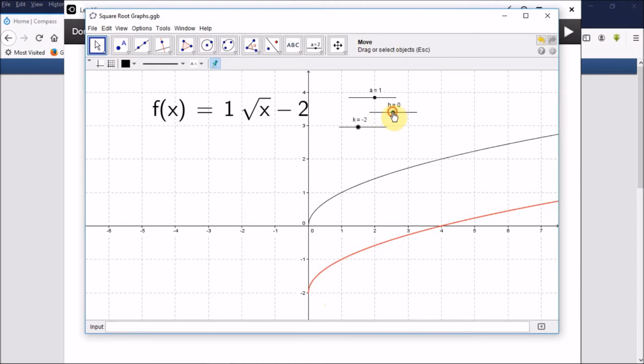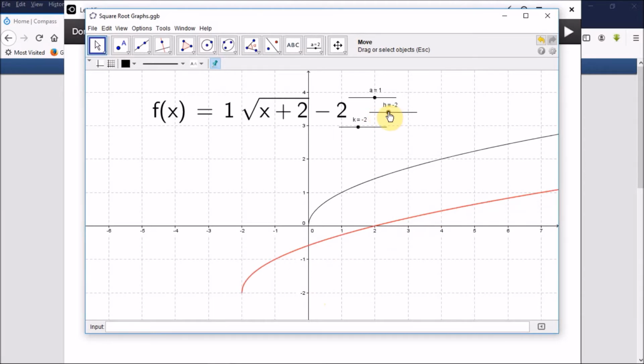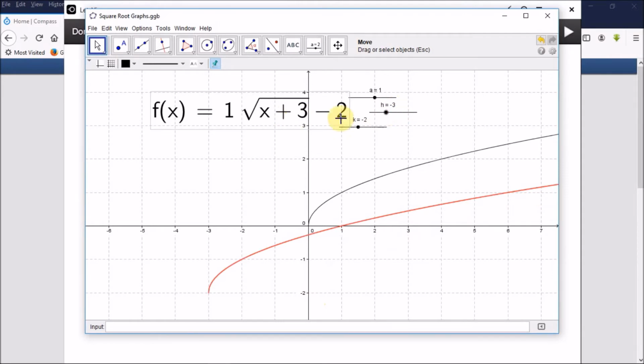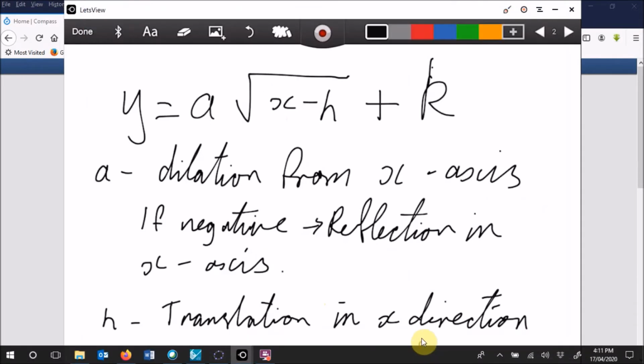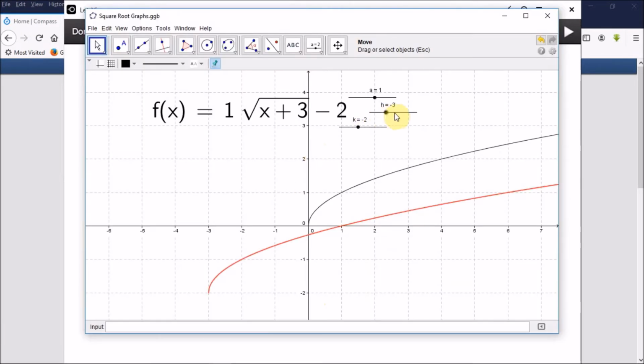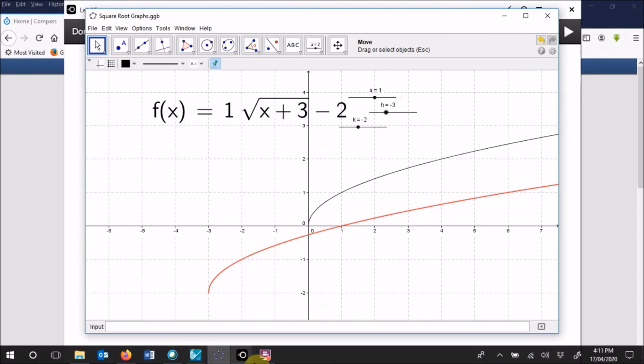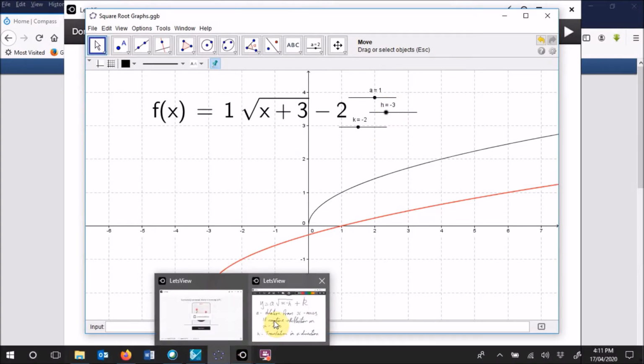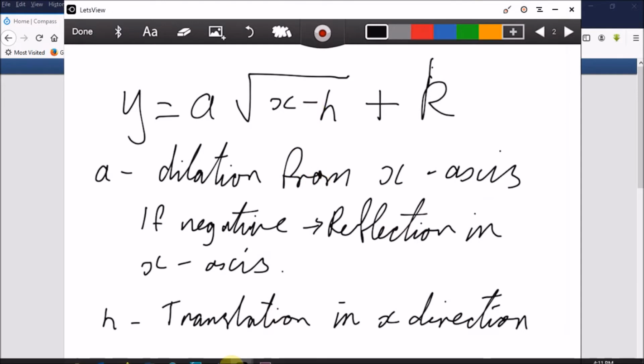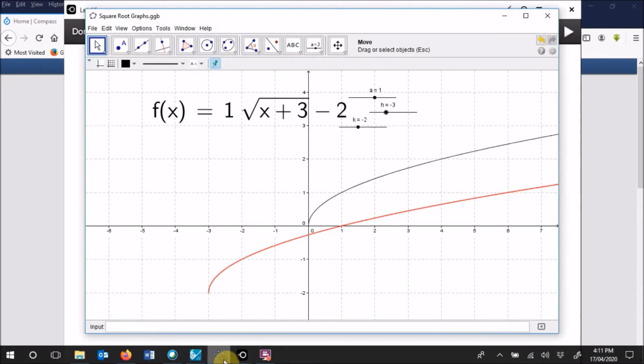So if I move our h to -3, remember, it's x minus h, so when h is -3, the minus from the -3 and the minus from here give us a plus.